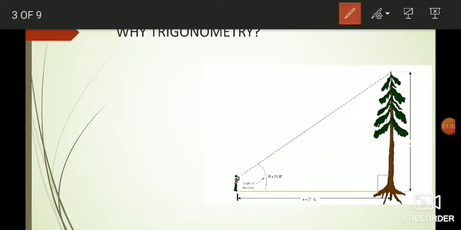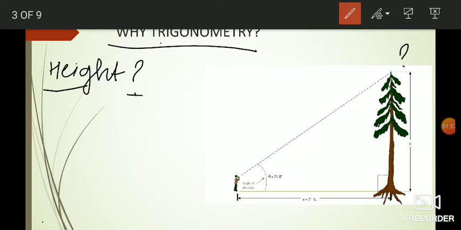Okay, so now let us talk about why exactly do we need trigonometry, or why exactly do we use trigonometry. Probably when you were small, you might have had this question: what exactly is the height of this tree? But as you were small, many of you might have ignored it, or maybe you might have found the wrong answer.